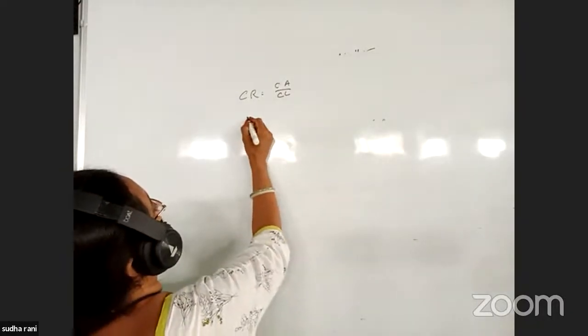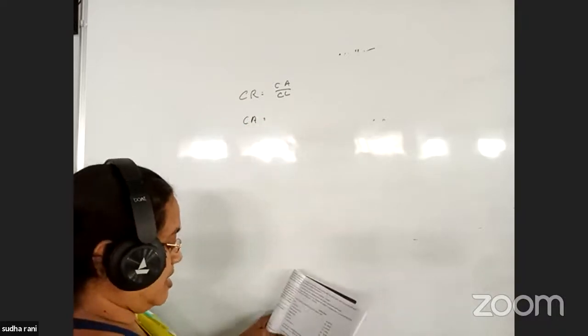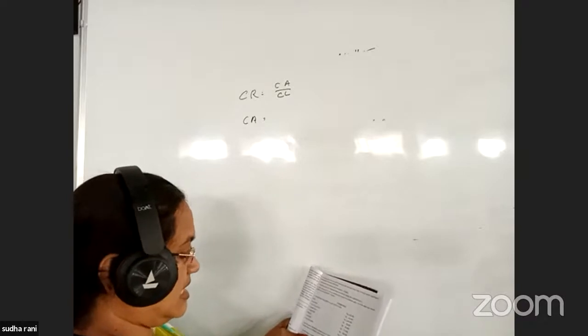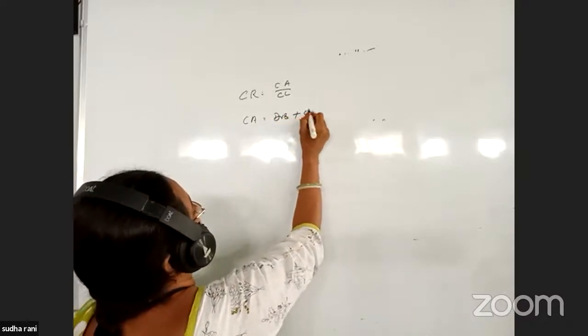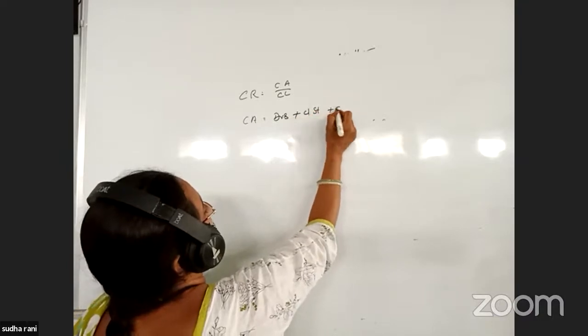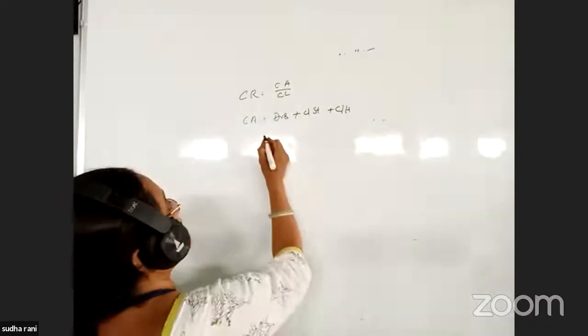So let us list the current assets as given in the question. What are the current assets given? Debtors, closing stock, cash in hand. These are the three items given to us in the question.